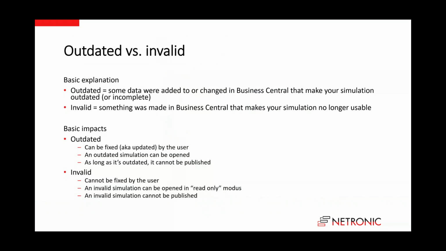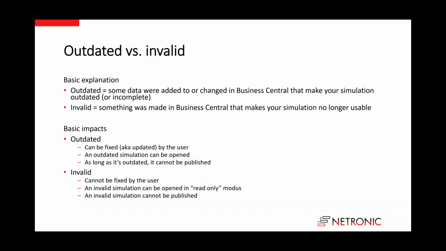Let's drill into this a little bit more. So outdated means that while you have a simulation open, or while you have a simulation created, you added data to Business Central, or you changed some data, and now you have in the simulation dataset A and in Business Central dataset B, and now the dataset in your simulation is incomplete, but you have the capability to add the data that you added to Business Central also to the simulation.